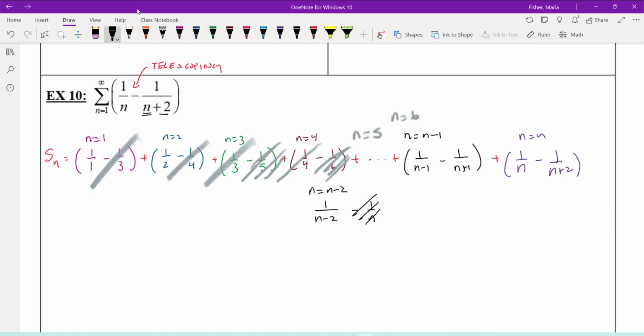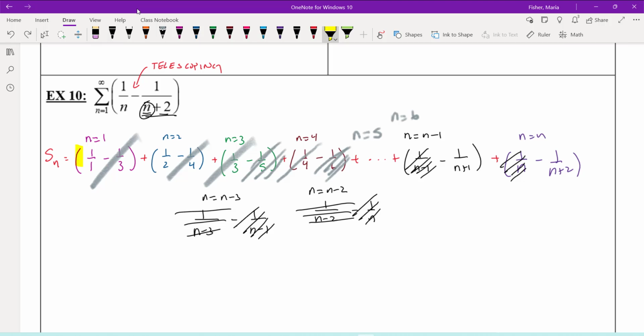So you notice the 1 over n's would cancel. And if you would have written your n equals n minus 3, you would have had a 1 over n minus 3, and then minus, and this would have been 1 over n minus 1, so this one would have canceled. And you know these would have canceled if you would have just written the other ones. So what am I left with?